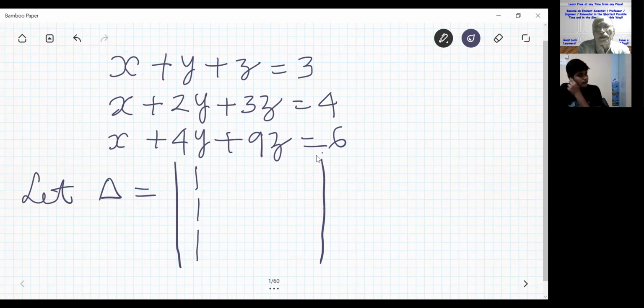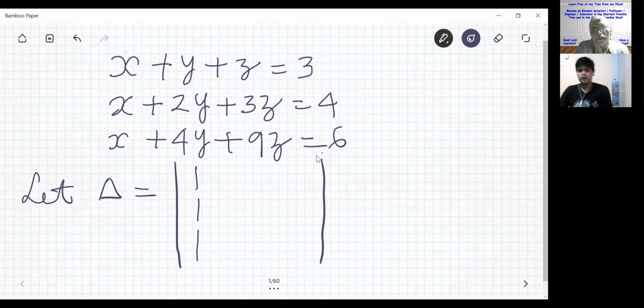Then the second column will be coefficients of y. Sir, first column is 1 plus 1 plus 1? No. See, first column, sorry, row. Yeah, correct, is coefficients of x.